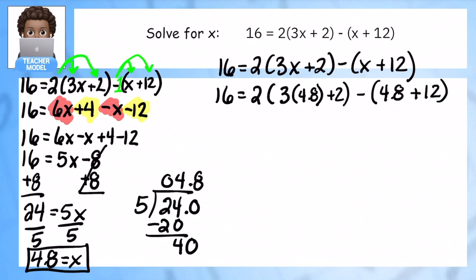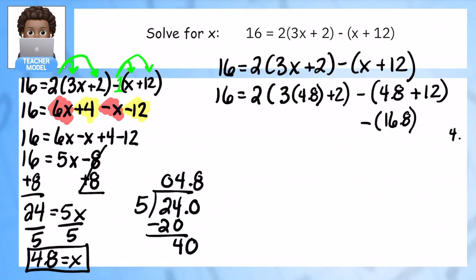So see, we really needed all that work. All right, let's work inside the parentheses first. I'm going to do these on the side first just for room. So 4 and 8 tenths plus 12 is 16 and 8 tenths. And over here, going to have to do this first. 3 times 4.8. So I'm going to give myself a little space here. I'm going to do it here on the side.